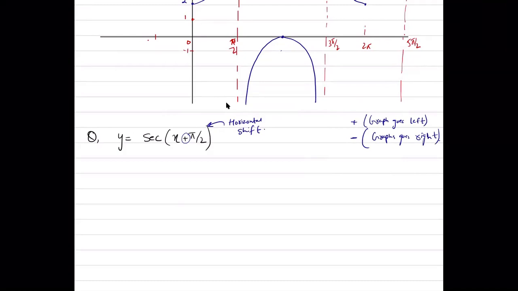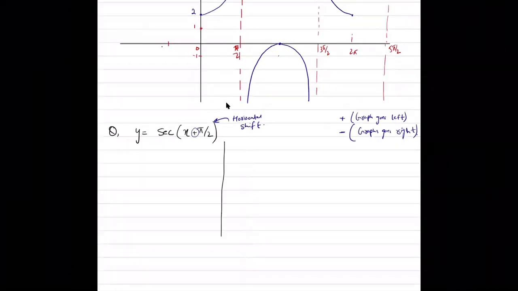If you recall, in the graph of secant theta, the asymptotes were at minus 90 and 90. Marking 90, 180, 270, 360, minus 90, minus 180, minus 270, and minus 360, let's say.